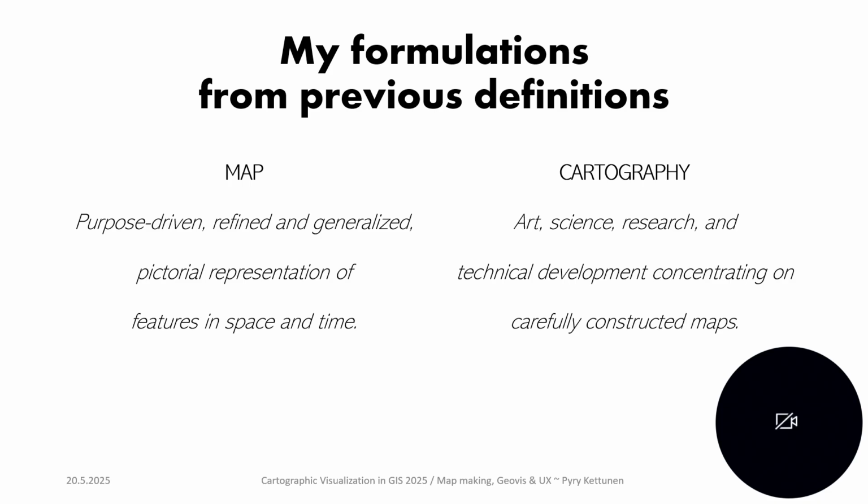Typically in cartography we see something that has been refined, and the artistic skills of map makers have been really in use, and the maps become more aesthetically pleasing and so on. So there is a certain carefulness and care related to making maps and the science of cartography.